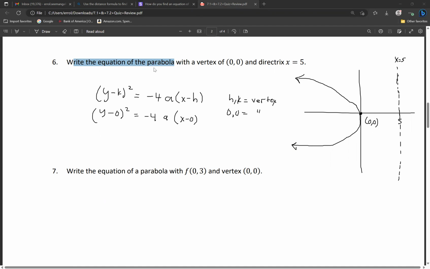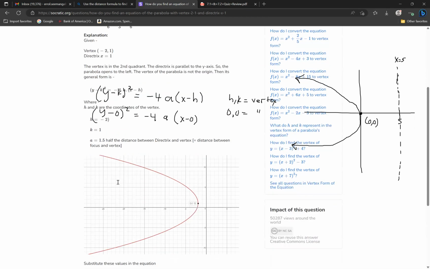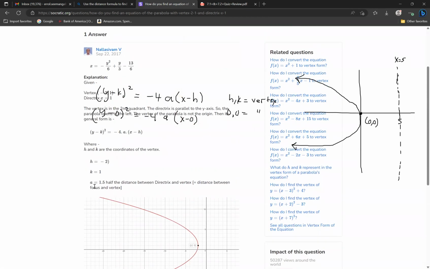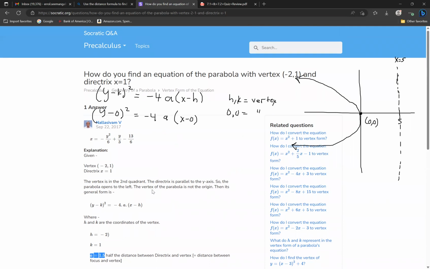Now what else did they do? They plugged in the vertex there. The h is that, k is that. Now they solve for a equals 1.5, half the distance between directrix and vertex, which equals the distance between focus and vertex. Where are they getting the 1.5 from? They're using the distance formula again.